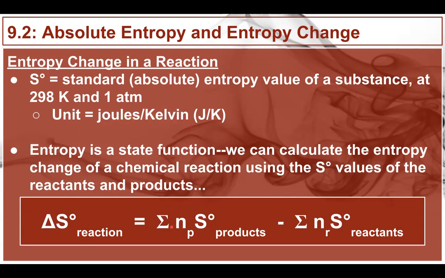The number of moles of our products times the standard entropy of our products, minus the number of moles of our reactants times the standard entropy of our reactants, will give us the change in entropy of our reaction. This should look familiar. This is exactly what we did with our standard enthalpies.